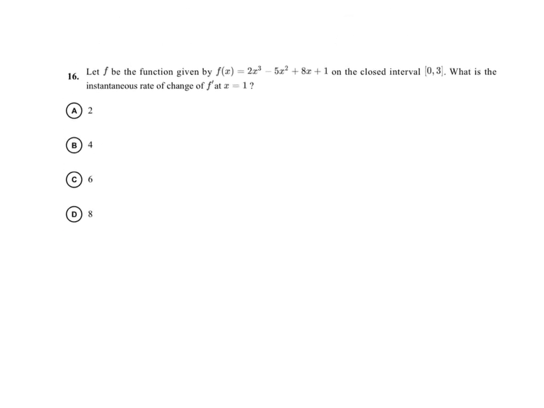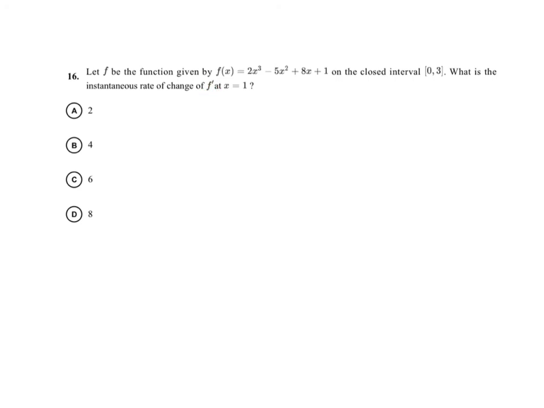Okay, let f be the function given by that on the closed interval. What's the instantaneous rate of change of f prime at x equals 1? Okay, so this is kind of a tricky question with the wording. They don't ask for the instantaneous rate of change of f, they ask for the instantaneous rate of change of f prime.